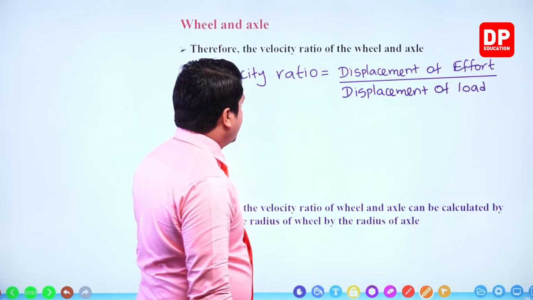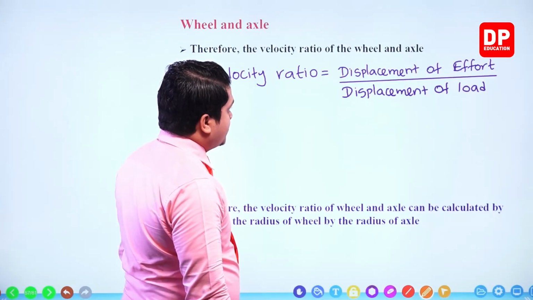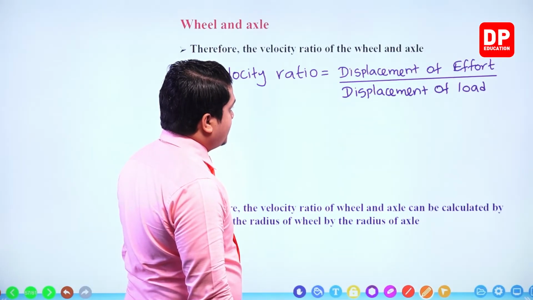This is the velocity ratio. So, displacement of effort divided by displacement of load.